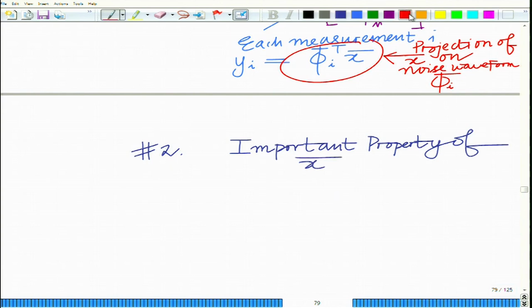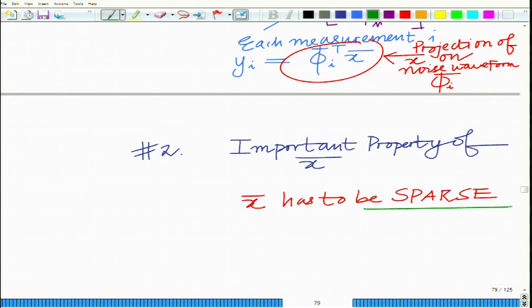The vector x bar, and I am going to introduce this terminology which we are going to use very frequently, x bar has to be sparse, and this is a very important property. X bar has to be sparse.